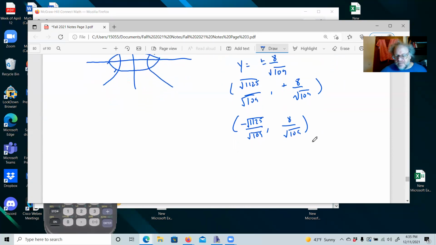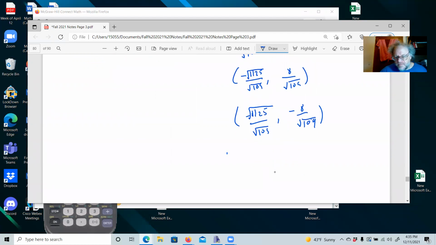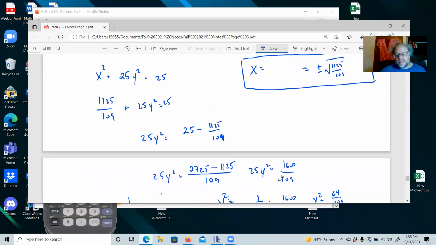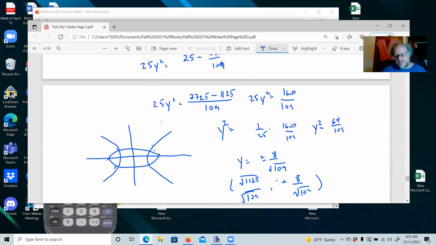Our third quadrant value is going to be both of them negative. There's no prescribed way, you don't have to write it down in the same order I did. And then quadrant 4 is a positive 1125 over 109 and a negative 8 over the square root of 109. Those would be our points of intersection.